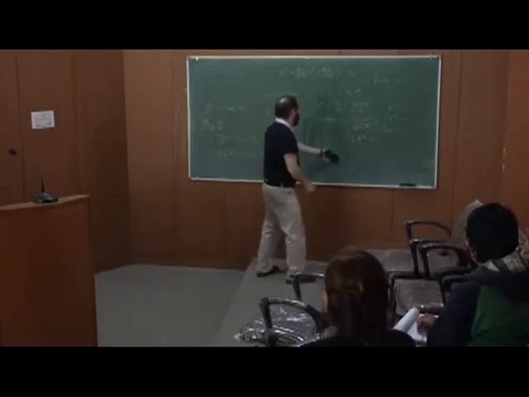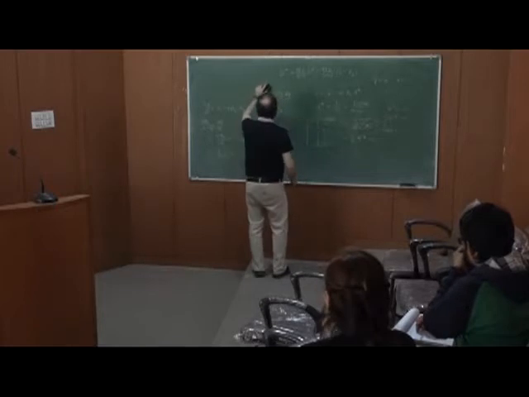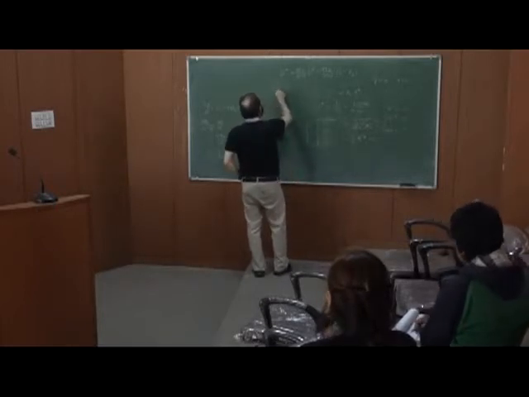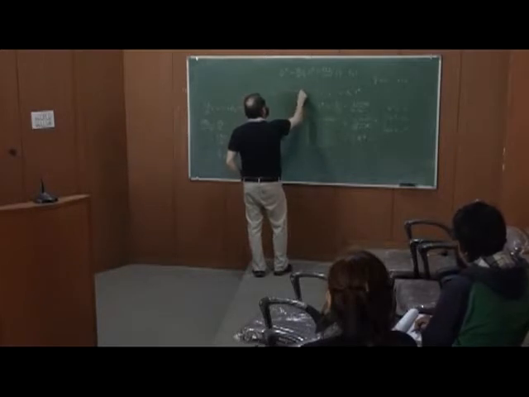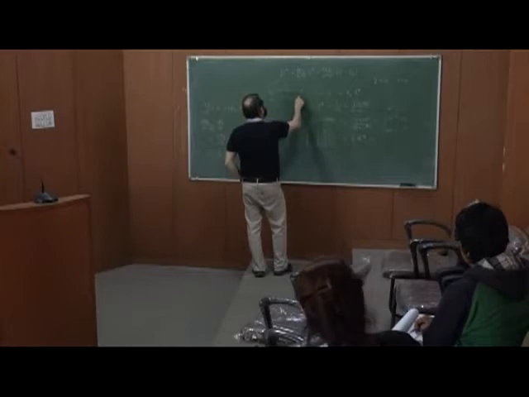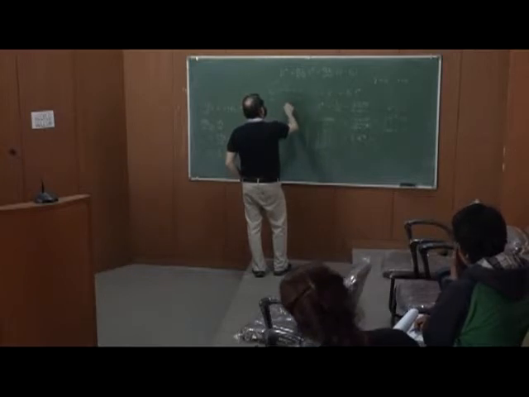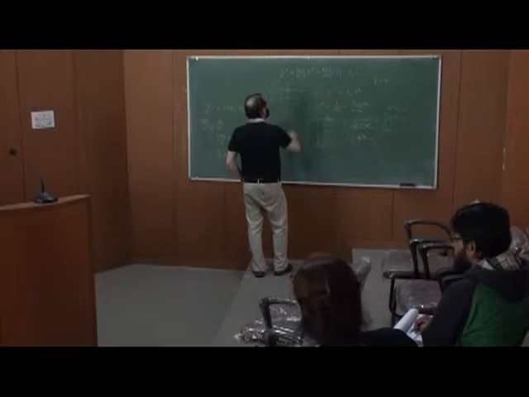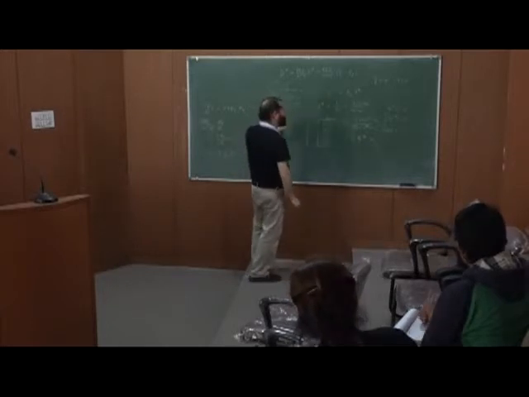Again, I emphasize that the time of last scattering is 400,000 years. Present cosmic time is about 30.7 giga-years, which is about 1.4 times 10 to the 10, right?